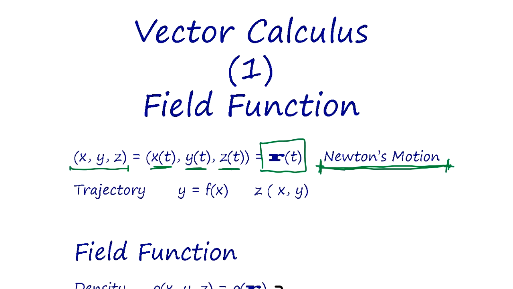This is not multi-variable, it's single variable, but you have multiple functions x, y, z. They are all functions of t. But when you say trajectory, it becomes a curve in space, showing how the motion moves.